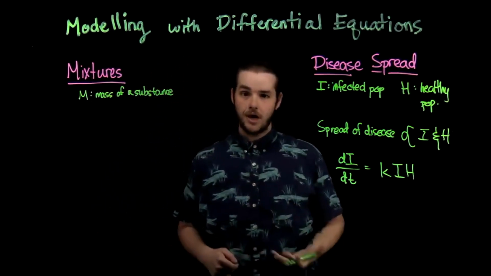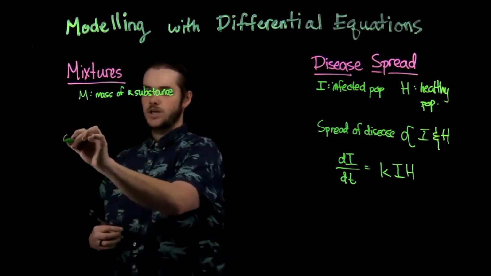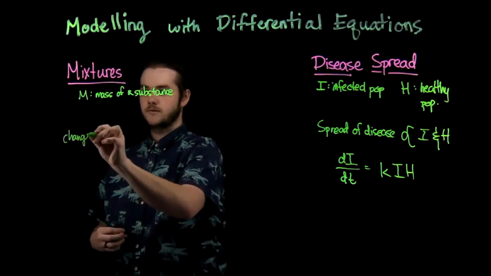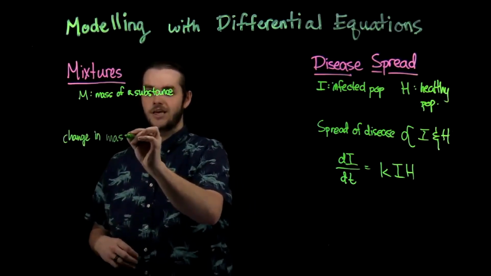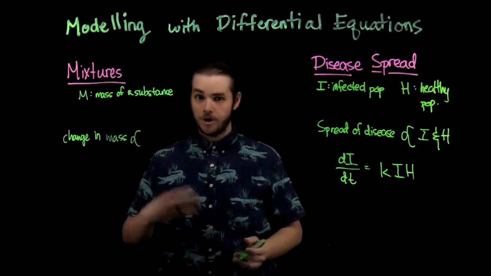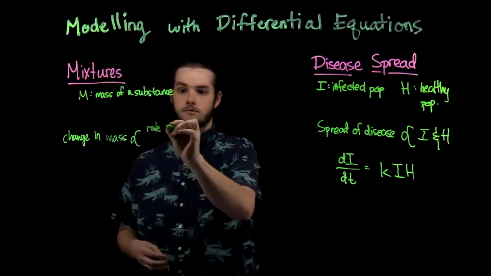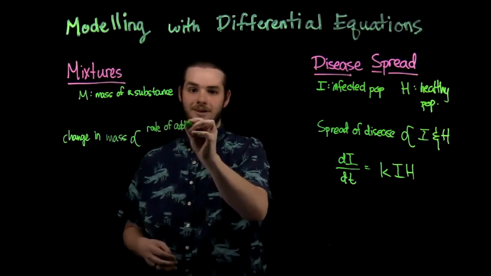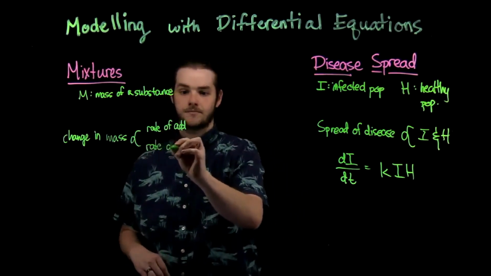But of course we know, from common sense, that the change in mass as you mix your solution is proportional to a couple of things. Well, it depends on how quickly you're adding, and how quickly you're removing that substance.